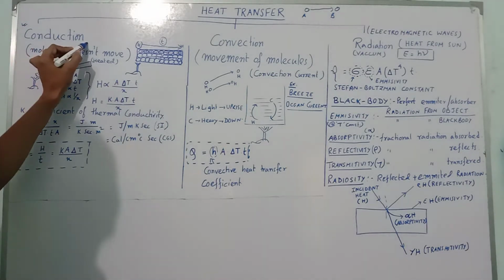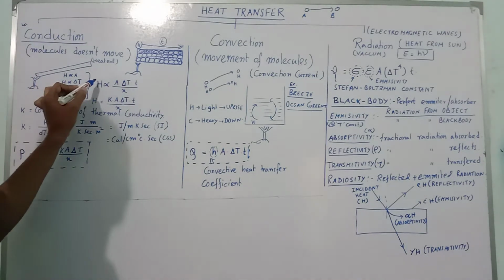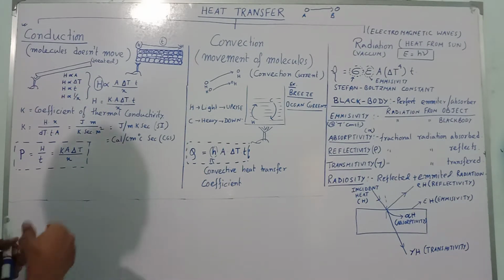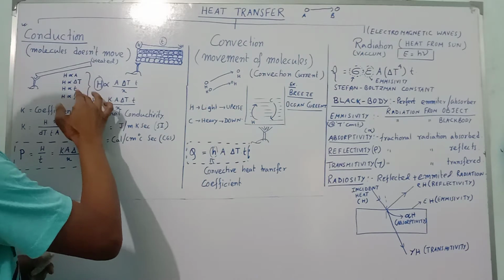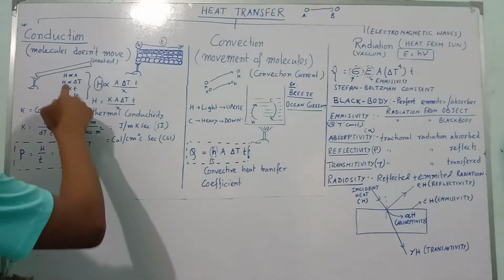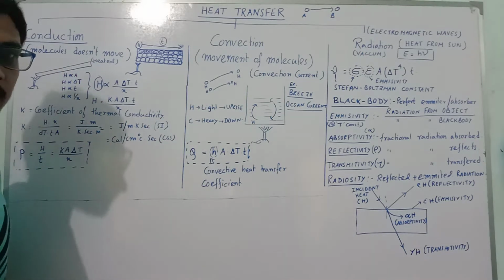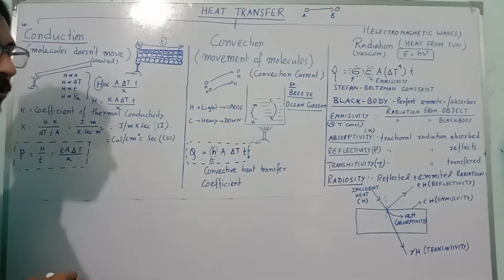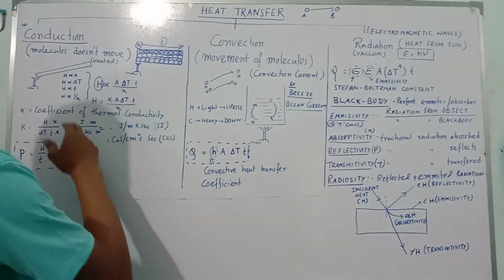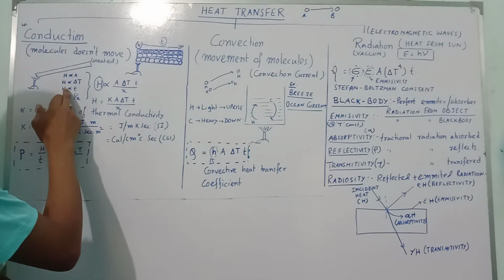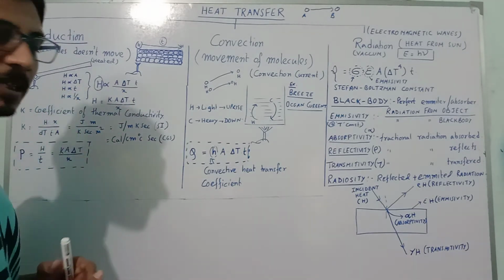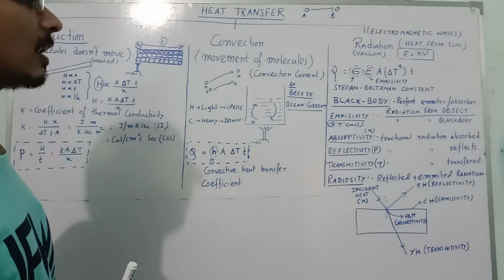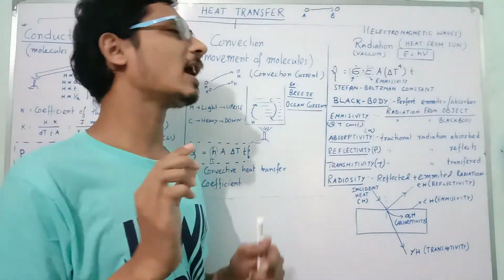Now in conduction type of heat transfer, the amount of heat transferred from one end to another is dependent on four variables. Number one, H is directly proportional to A. Number two, H is directly proportional to temperature difference delta T. H is directly proportional to time small t, and H is inversely proportional to the thickness of the object.